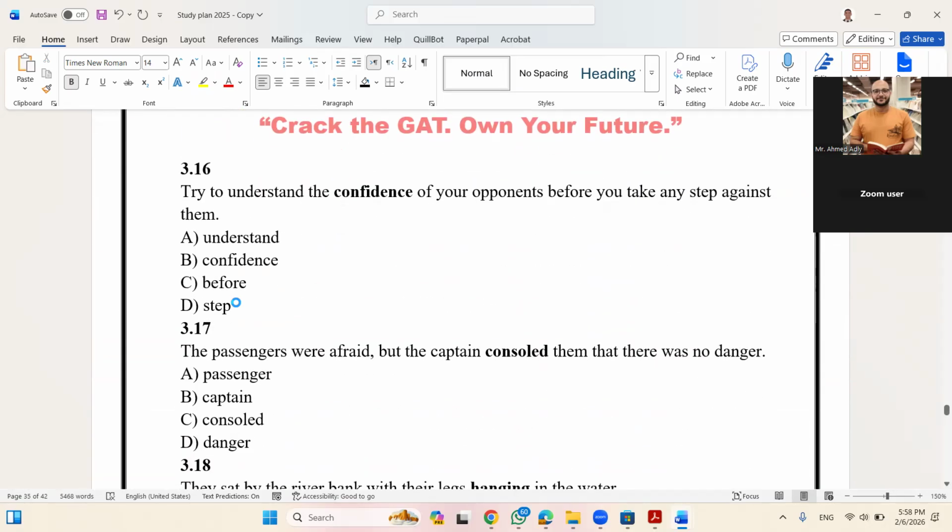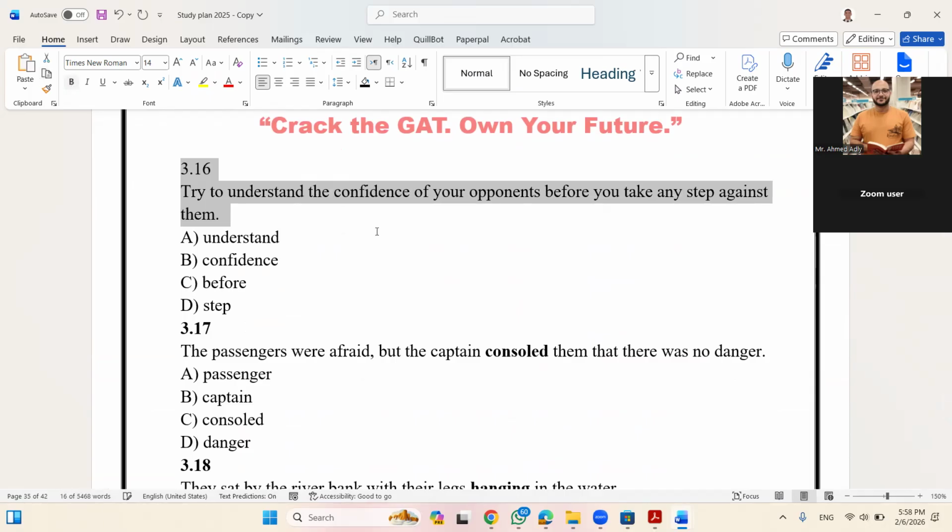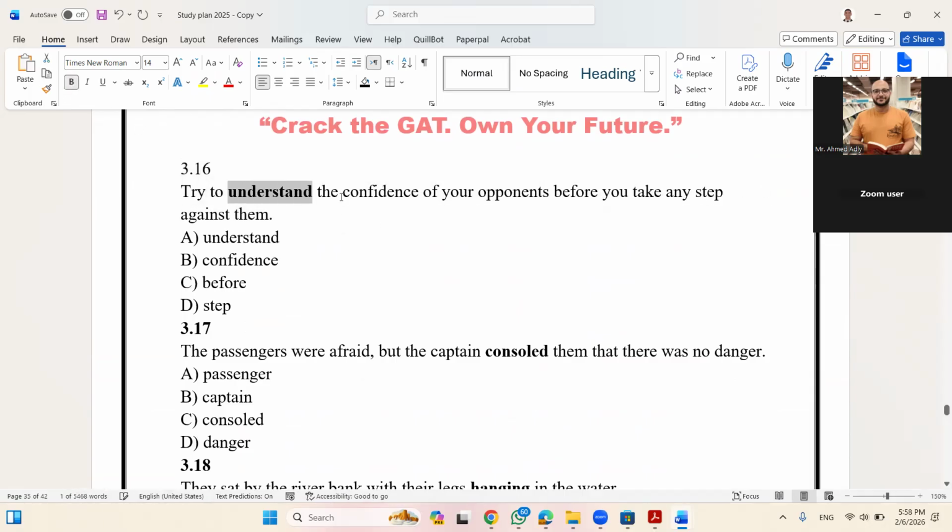Try to understand the confidence of your opponent before you take any step against them. Confidence.